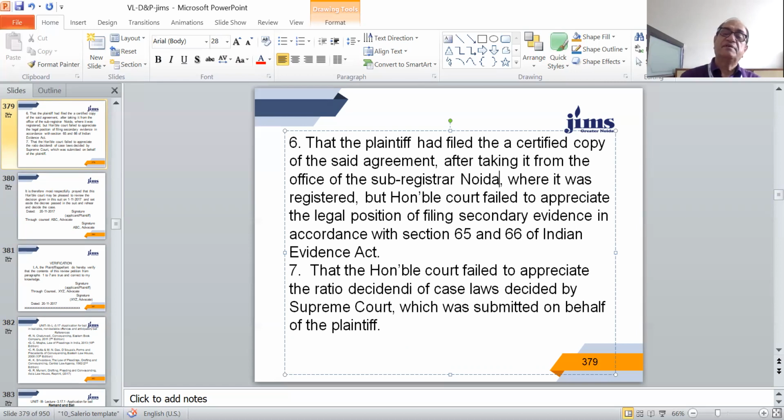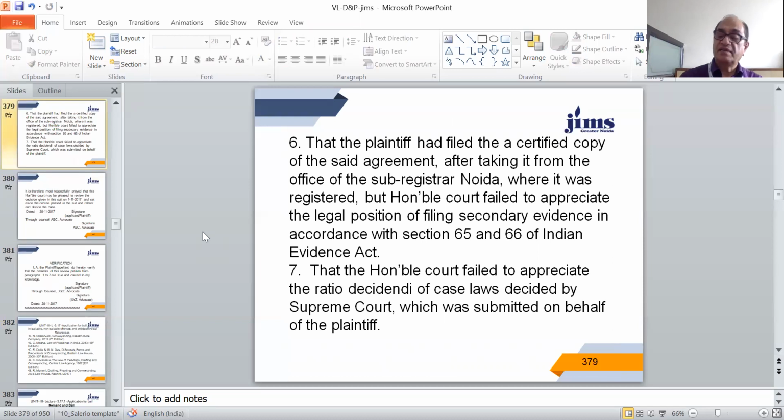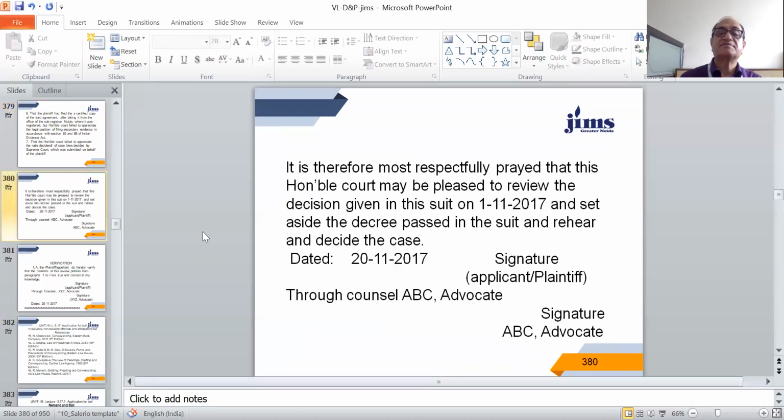Para 7. The Honorable Court failed to appreciate the ratio decidendi of case laws decided by the Supreme Court, which were submitted on behalf of the plaintiff. I submitted so many rulings that when an original document is lost or destroyed, I have a right to file secondary evidence. But the lower court failed to appreciate the ratio decidendi of all such cases.